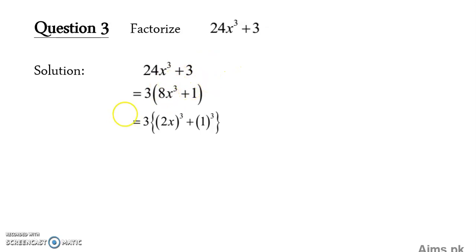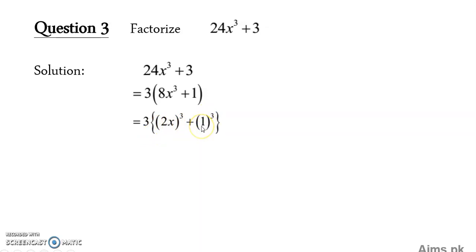So in this case, the power I would like is 3. Since this will give me a sum of cubes, the expression can be expressed as 2x cube plus 1 cube.